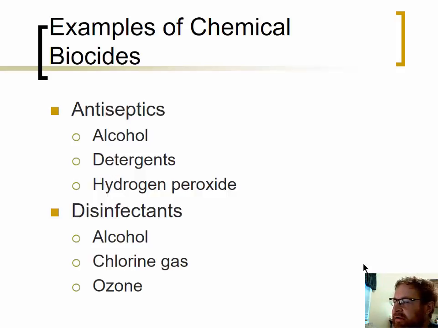An interesting point here about the detergent and alcohol: you might know that your hand sanitizers are predominantly alcohol, and that's good. It's a perfectly fine thing to have on your skin, but one of the problems is that the bacteria might be dead, but they're still there on your skin.